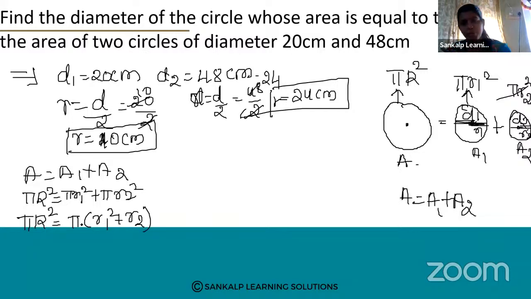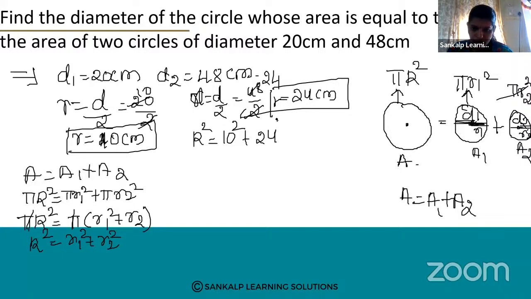So if pi is common, what you will get in the bracket? R1 square plus R2 square. Right? So pi and pi will get cancelled. Therefore, R square is equal to R1 square plus R2 square. So, R square is equal to R1 value is 10 square plus R2 value is 24 square.